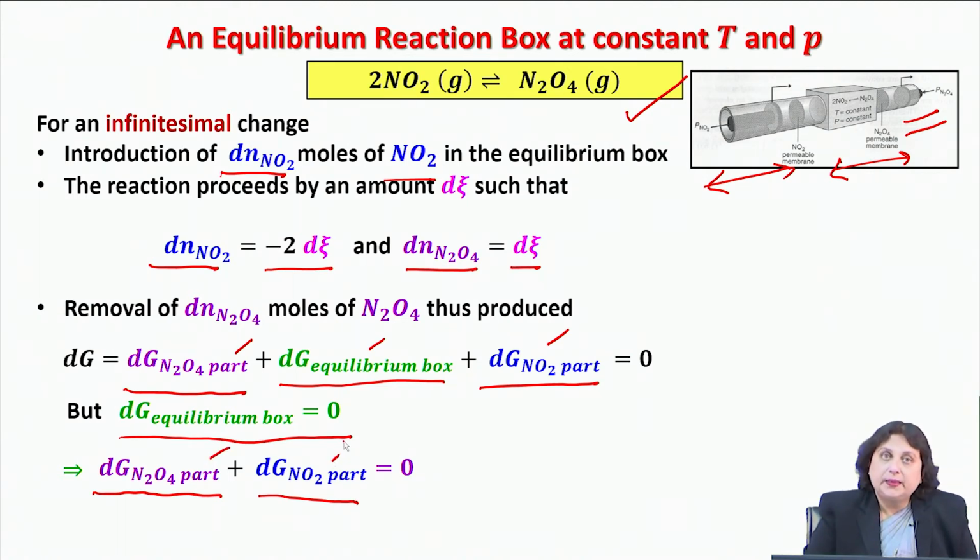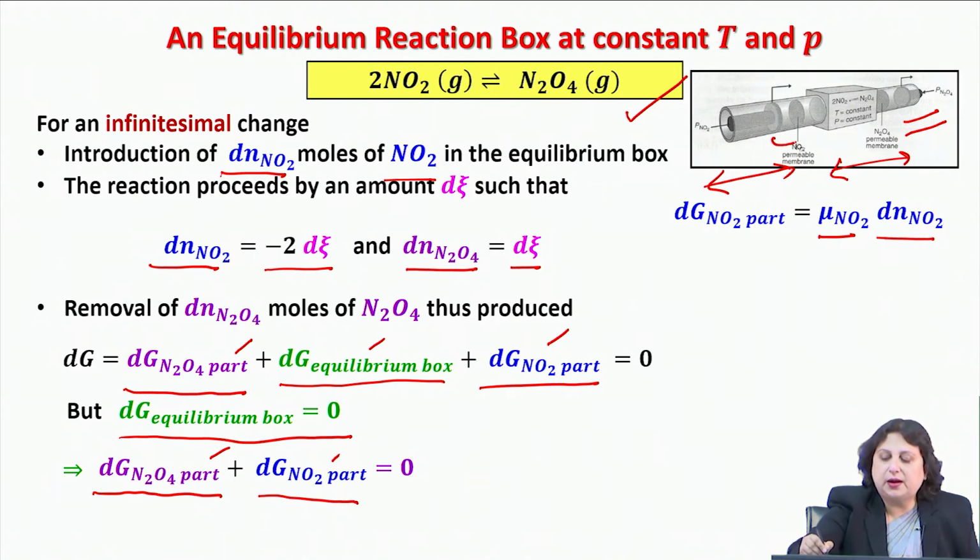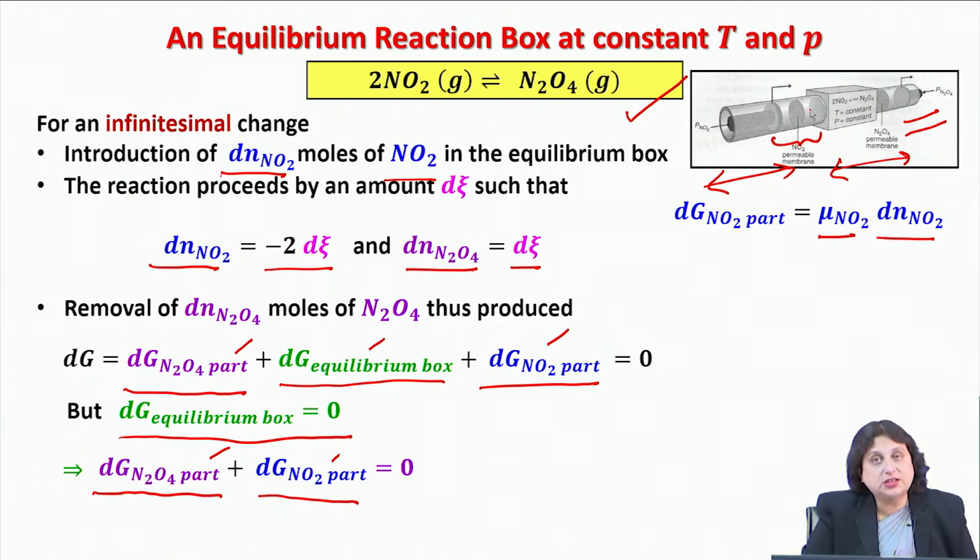Of course, by now we know that dG in each of these cases will be mu into dN. Therefore, for the NO2 part, it would be given by mu of NO2 multiplied by the infinitesimal change in the number of moles of NO2 in that part, because in this particular part, you have lost NO2 molecules.